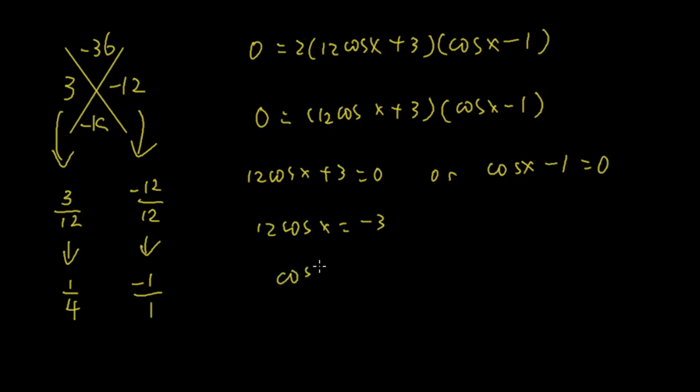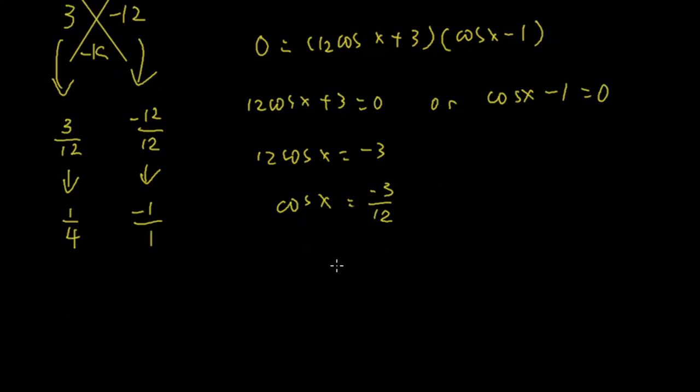Then cosine of x is equal to negative 3 over 12. Then x is equal to cosine inverse of negative 3 over 12, which is approximately 104.48. That's just a rounding value.